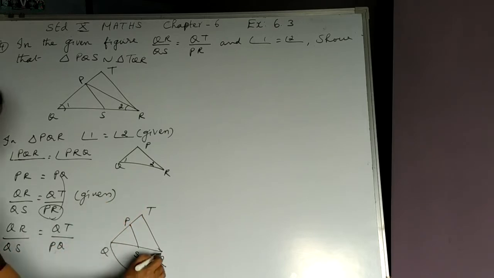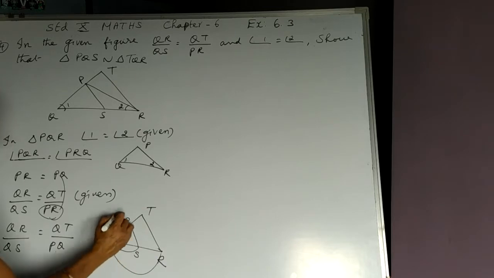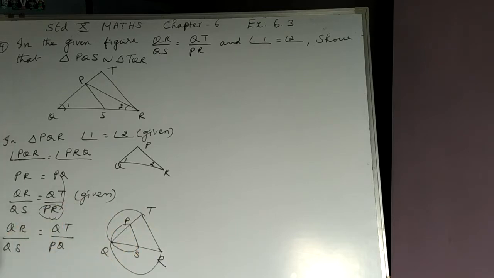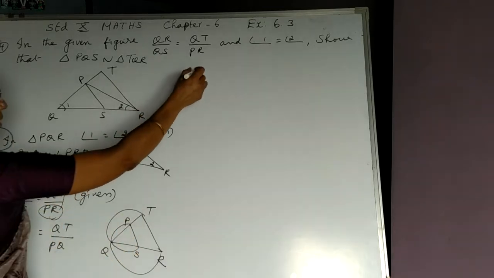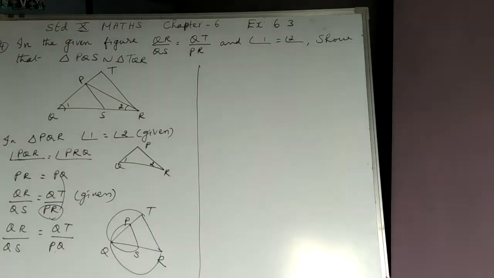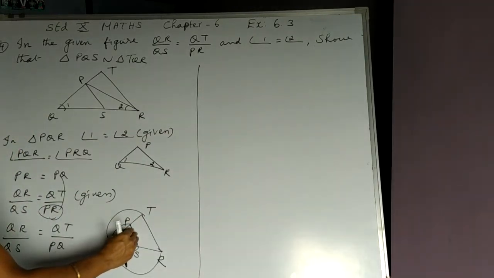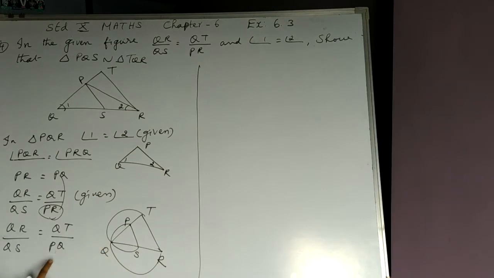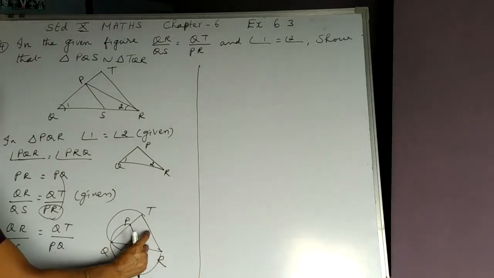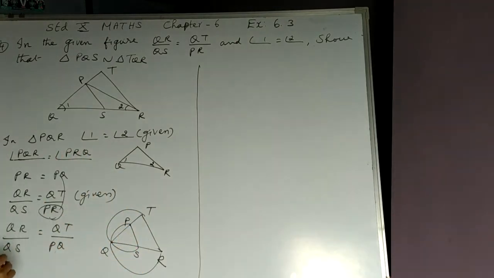So, we got this upon this is equal to QT upon this. So, we know the converse of BPT. What is the converse of BPT? If a line intersects two sides of the triangle in this ratio, then the lines should be parallel.